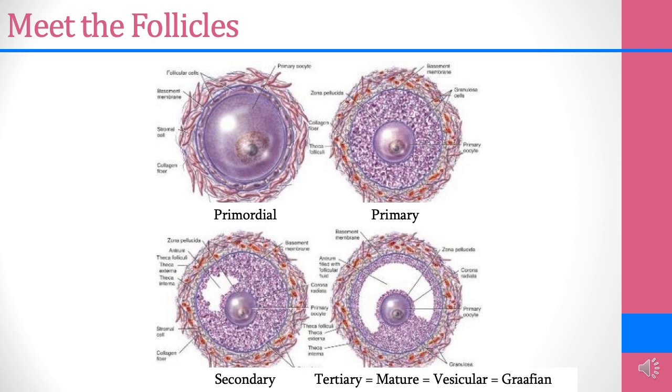The follicle family contains 4 major growth stages. At the time of birth, a girl's ovaries are entirely made of these primordial follicles.